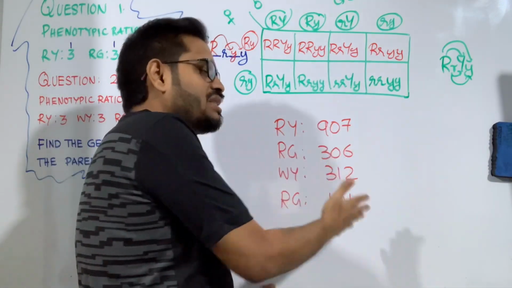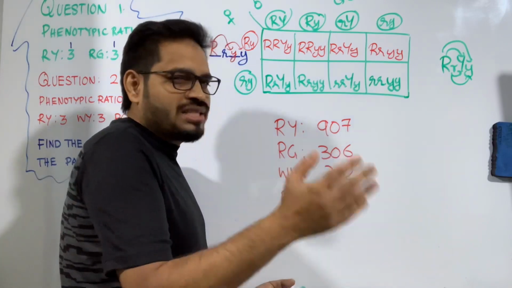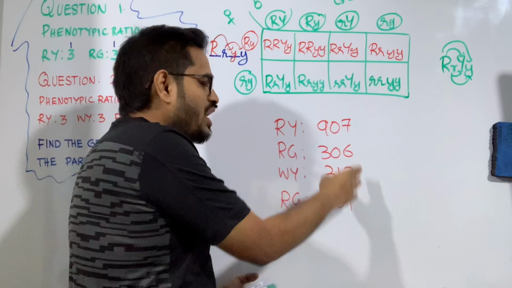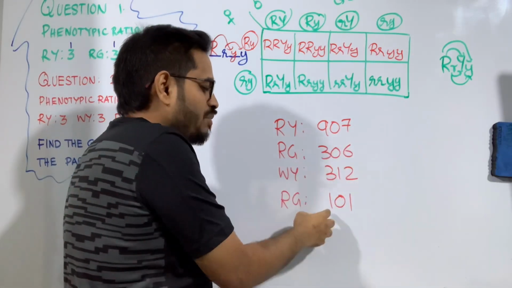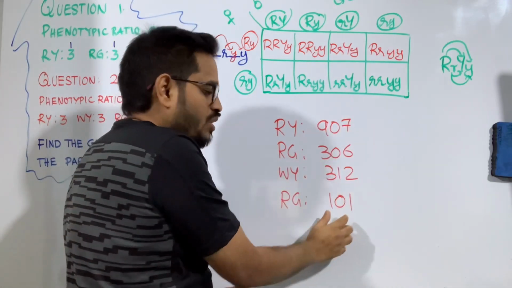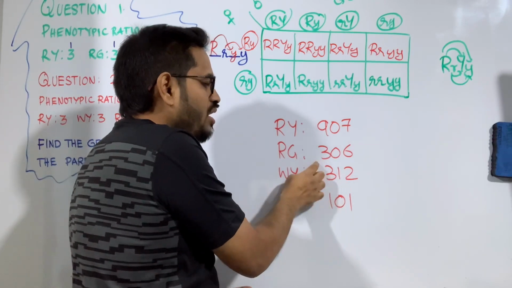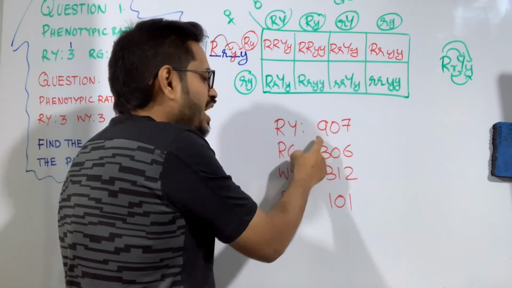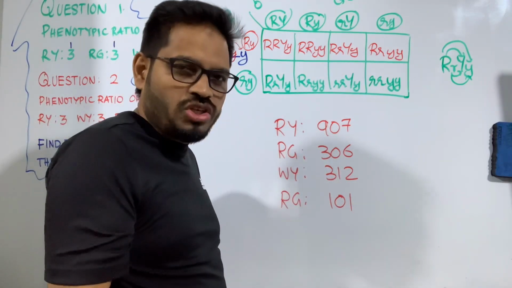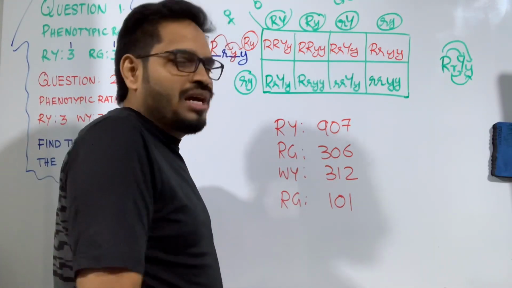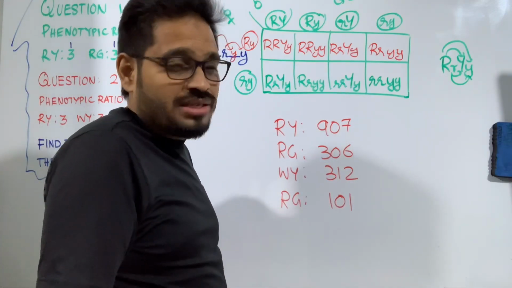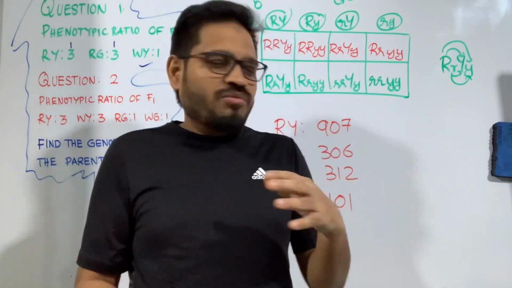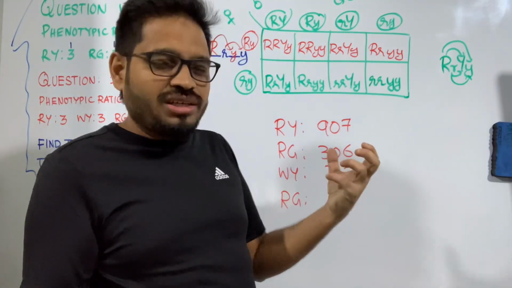So if this is the ratio given, very simple, just simplify the ratio. Don't simplify directly using mathematics. Try to round off these numbers: take it to hundreds, 100, 300, 300, 900. 1, 3, 3, 9. 9 is to 3 is to 3 is to 1. It's a normal ratio, which we have already learned, and that is made from two heterozygous parents. So such questions are solved by simplifying the ratio in the most possible rounding off way.